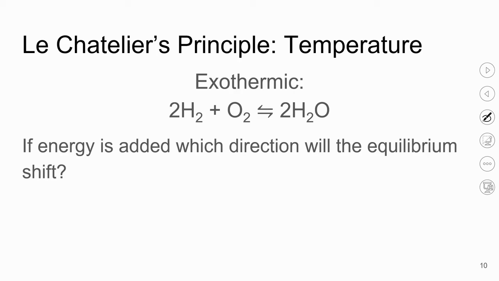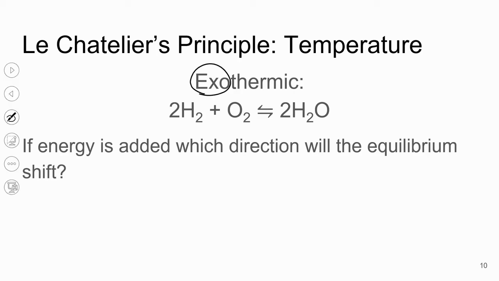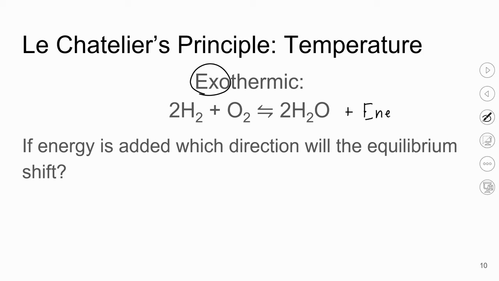Yep, so that's what we have to know. So if it's exothermic, then energy is a product. Good. So if we add energy, we have it at equilibrium, we add more energy, energy's over here, so it was balanced, we add more energy, so to rebalance, the reaction is going to shift back to the reactants, to the left. Good.